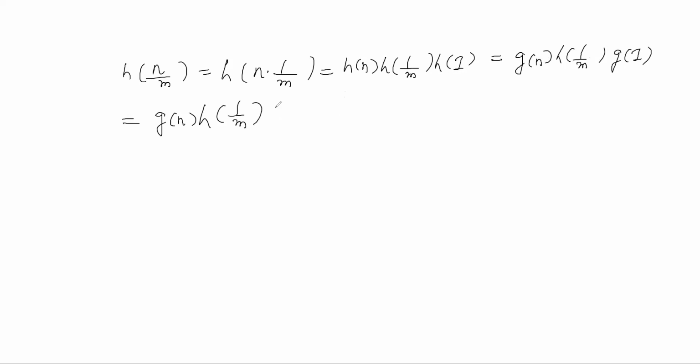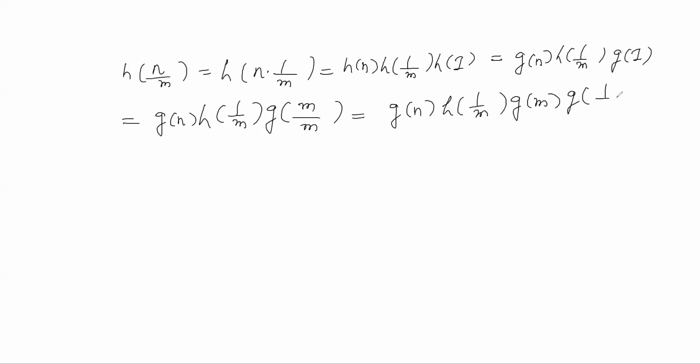Now G of 1 you can write as G of m by m. Again apply the fact that G is a morphism. So G of n, H of 1 by m, then G of m, G of 1 by m.